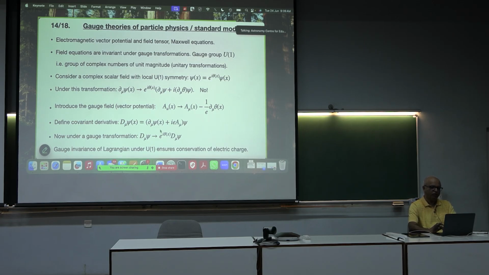So, this is how we introduce a covariant derivative into a theory, because we want that under gauge transformations there should be no change in the field equations. The covariant derivative also transforms the same way as the state does. The ordinary derivative does not transform nicely.